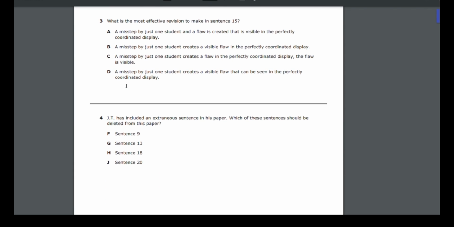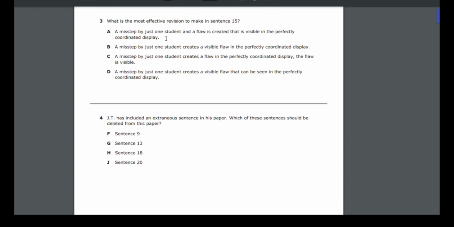Okay. Question 3, the dreaded revision question. Oftentimes what you'll find in the revision is a comma or a word usage issue. So what we have students do is read sentence 15.